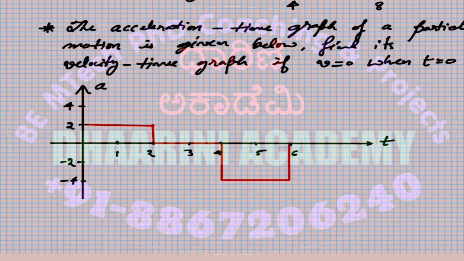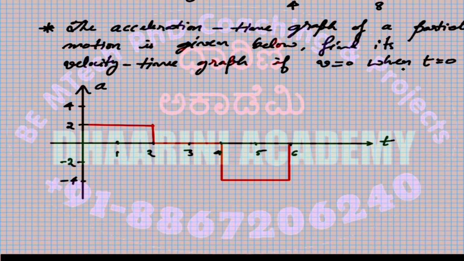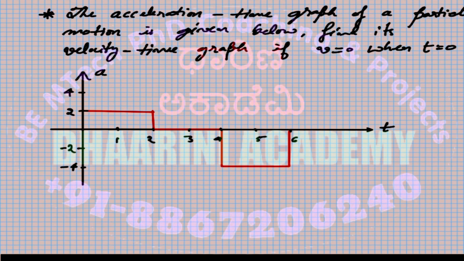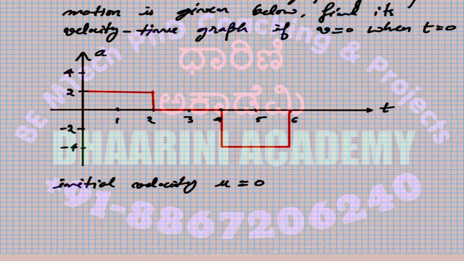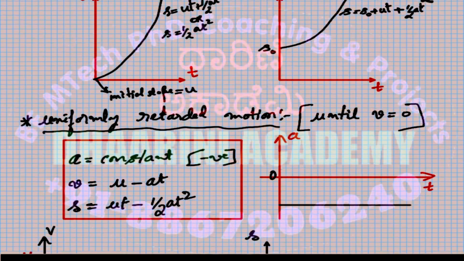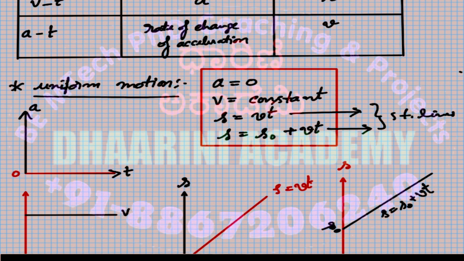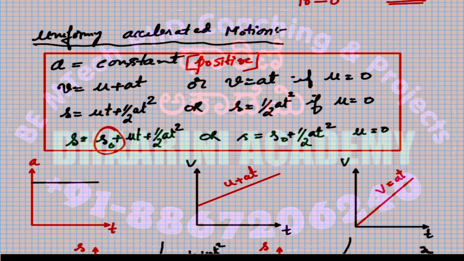Right. So you can see that the initial velocity is 0. From the given data, when time is 0 there is no velocity. So initial velocity u is equal to 0, and I also note that acceleration is a constant value. Acceleration is not changing, so this belongs to a specific case.